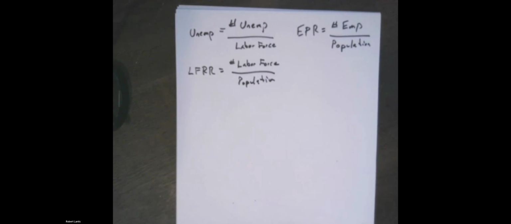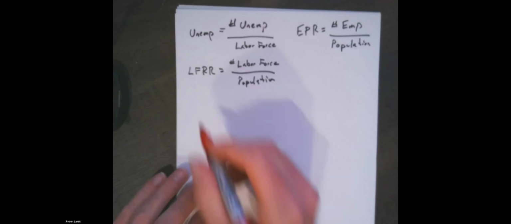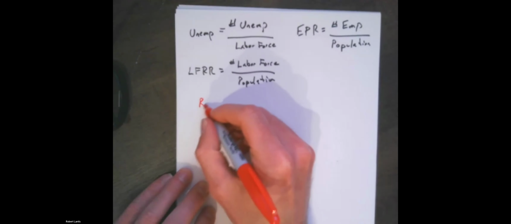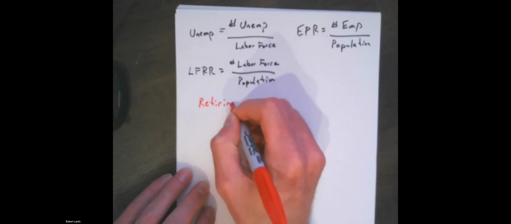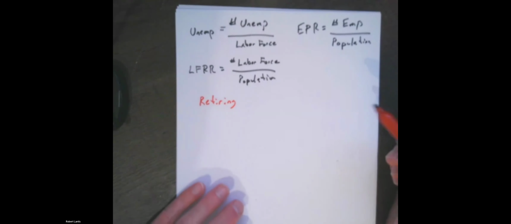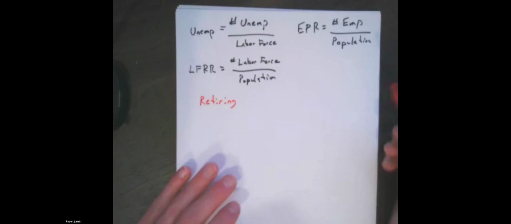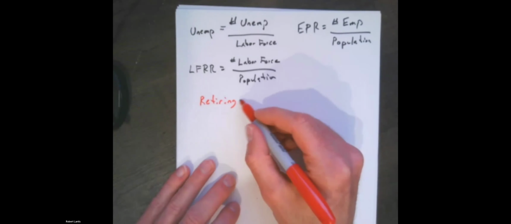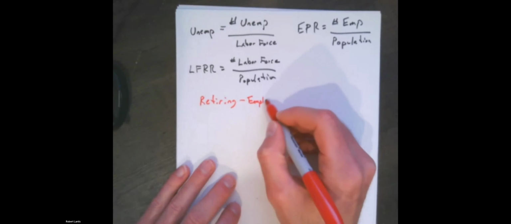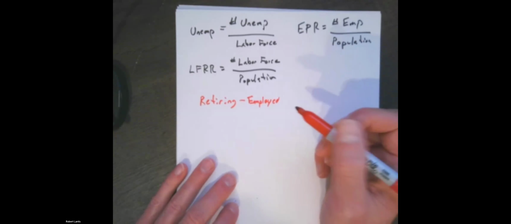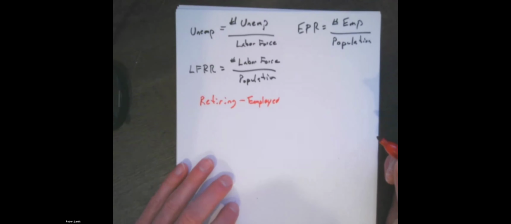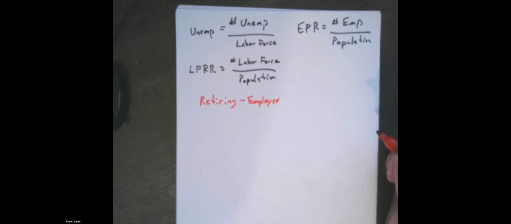So what if I've got people who are retiring? Okay. And let's assume all these people who are retiring previously would have been employed. So what's going to happen to each one of these ratios? Well, the civilian non-institutionalized population, that's just anyone who could be working over the age of 16.